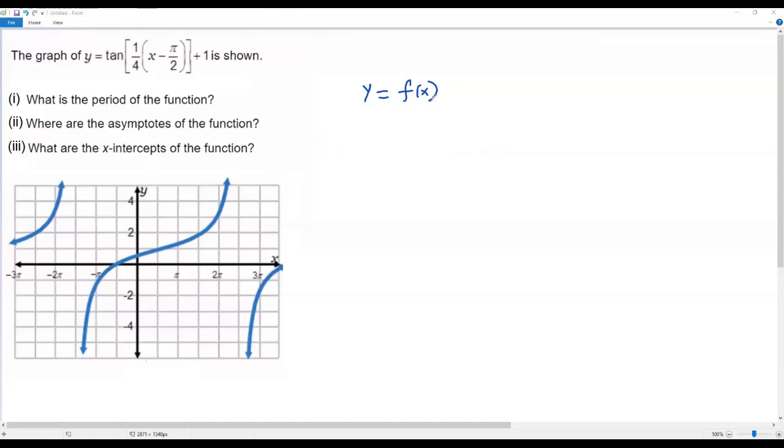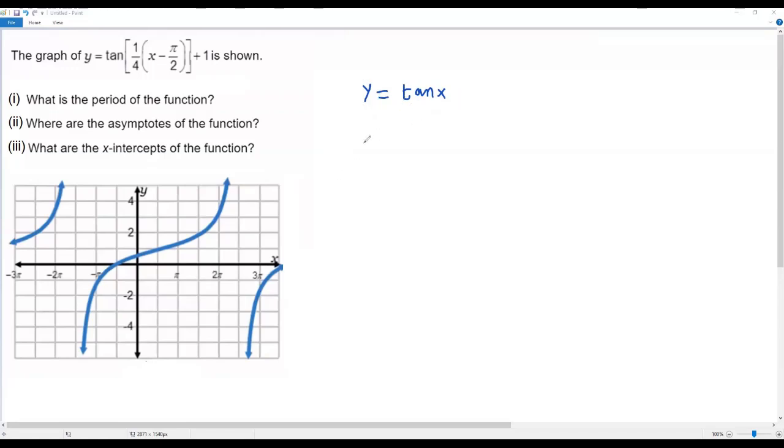Okay, here let's consider the basic tan function, which is y equals tan x. How do we find a vertical asymptote for this one? We will not have a horizontal asymptote for a tangent function, so we have to find the vertical asymptotes only. What value should I plug in for x so that the value of tan x becomes undefined?